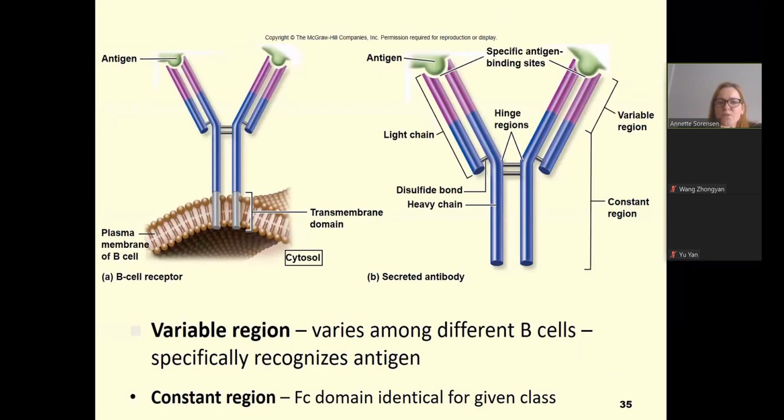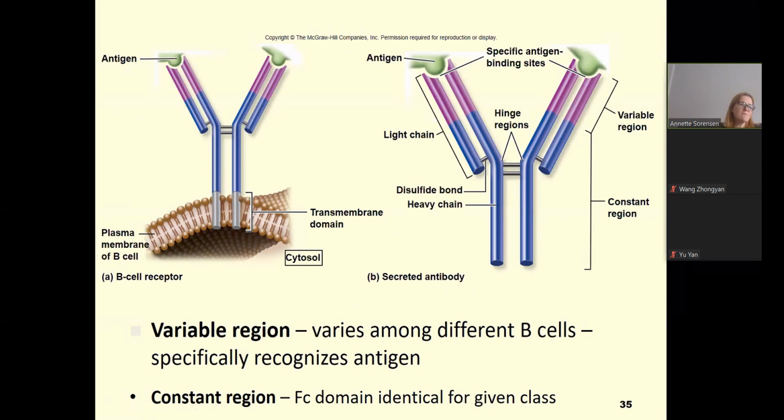You can see here the B cell receptor on the left side and the antibody on the right side. The antibody and the receptor consist of a constant region, which is similar amongst each class.